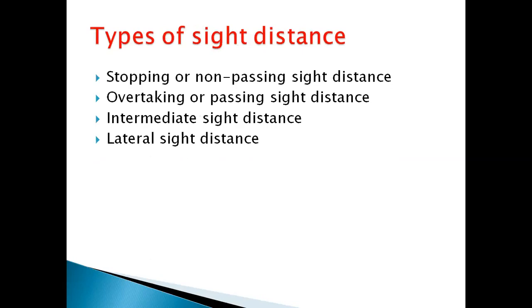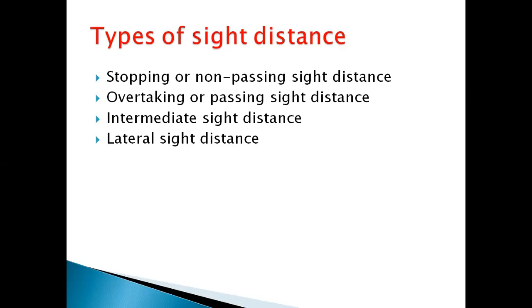Then we started the types of sight distance. The first two types of sight distance we saw in the last lecture. In this lecture, we are going to see the next two types. The first type is stopping or non-passing sight distance, and the second is overtaking or passing sight distance.